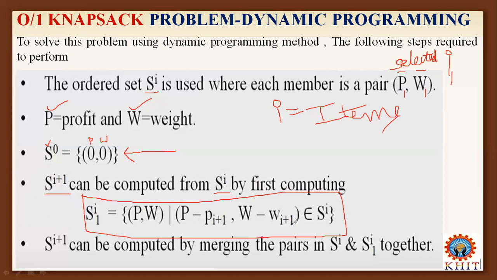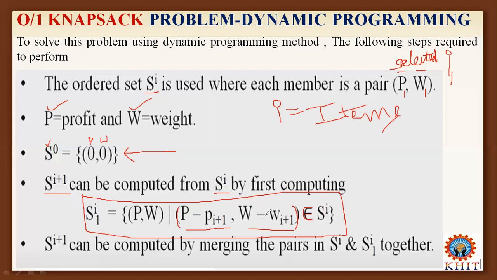Then you can identify whether the pair generated here is available in the given set S power i or not.